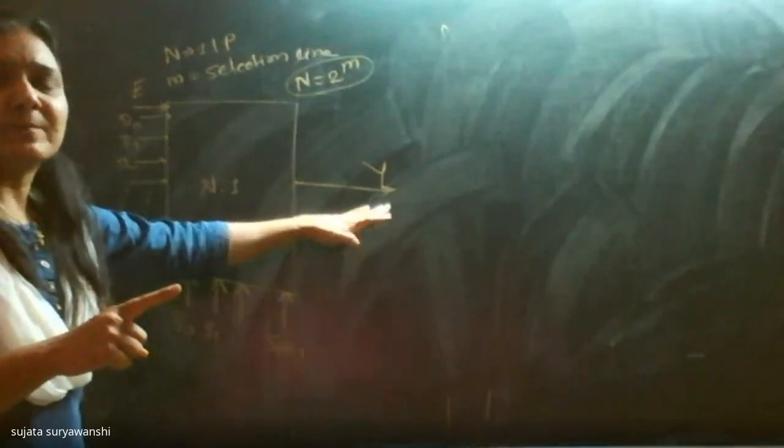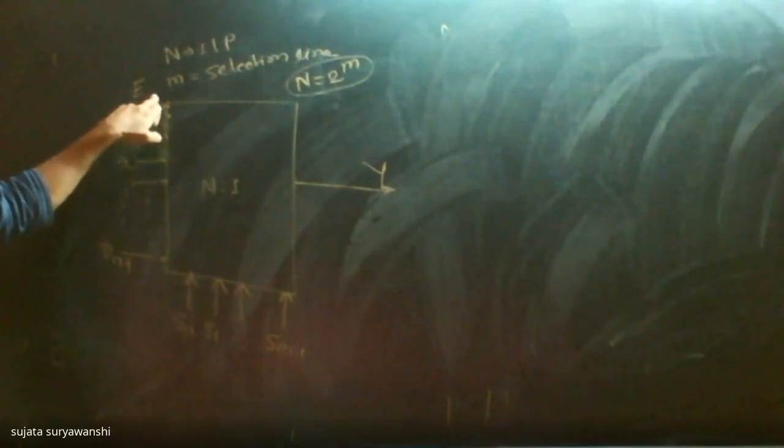And one input is there, that is enable input. Enable input is used to make your multiplexer enabled. If enable input is equal to 1, then and only then your multiplexer will give output. Otherwise, your multiplexer is disabled when enable input is connected to the ground, that is 0.